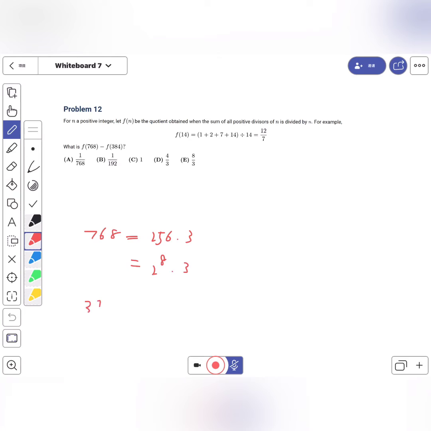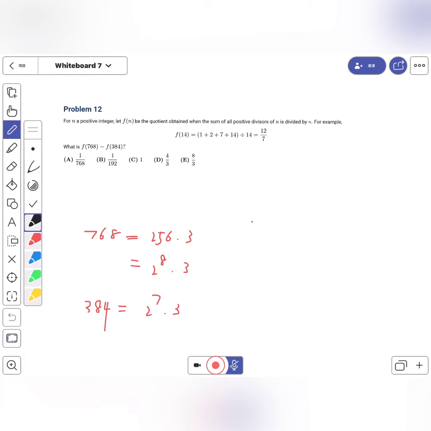And 384 is 768 divided by 2, which is 2 to the 7 times 3. And then we want to find the quotient when divided by n.